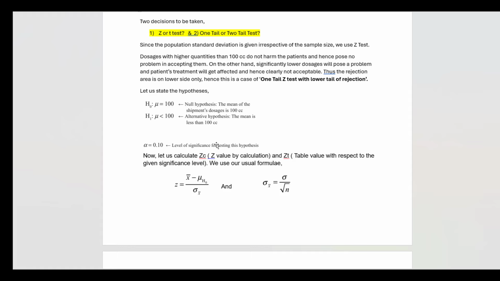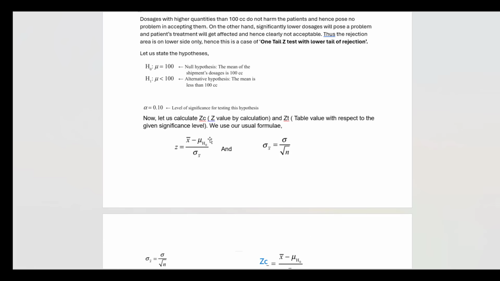So in such cases, we will have to write our alternate hypothesis as mu less than 100, right? So null hypothesis is mu equal to 100 and alternate hypothesis is mu less than 100 and alpha 0.1 level of significance.